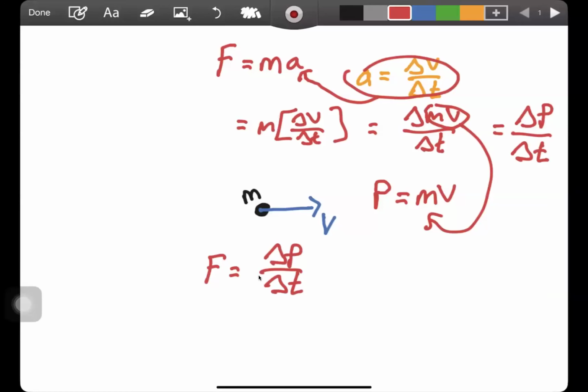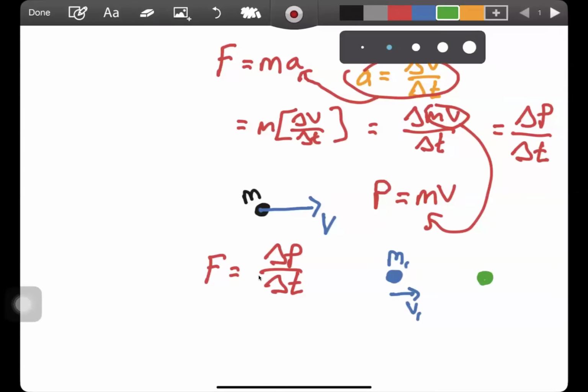And so more specifically, let's say that we have a situation where you have two different objects. And so let's say that this object has mass m1 and it's moving to the right with velocity v1.